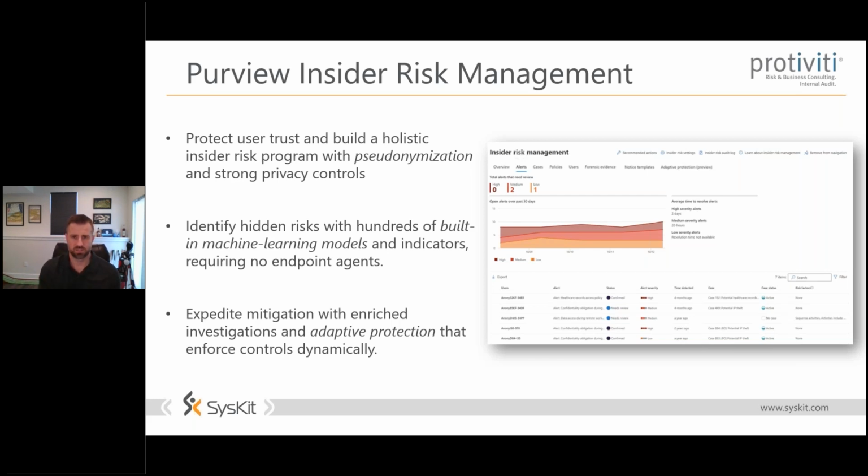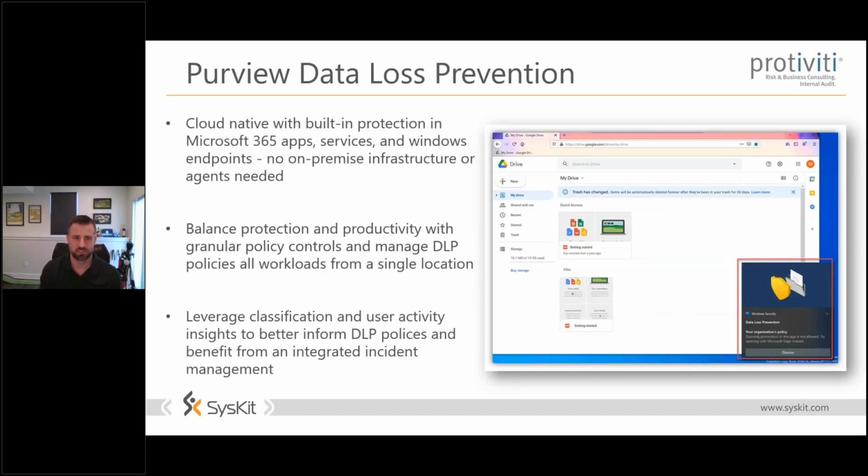And now what's out now is what's called adaptive protection. So I can say, based on that sensitive data, or based on the way that the user's working, I can become adaptive in my DLP policies. So maybe on day one, a regular user tries to send one piece of content externally. My DLP policy is going to allow that to happen. But let's say they start to perform actions that deem themselves risky.